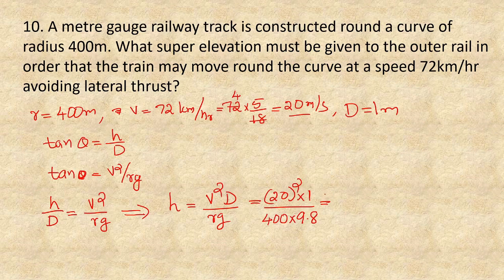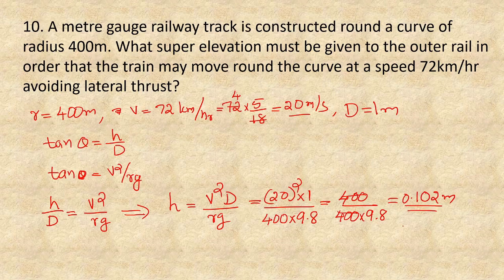So that is equal to 400 divided by 400 into 9.8, so that is 1 by 9.8, that is equal to 0.102 meter.